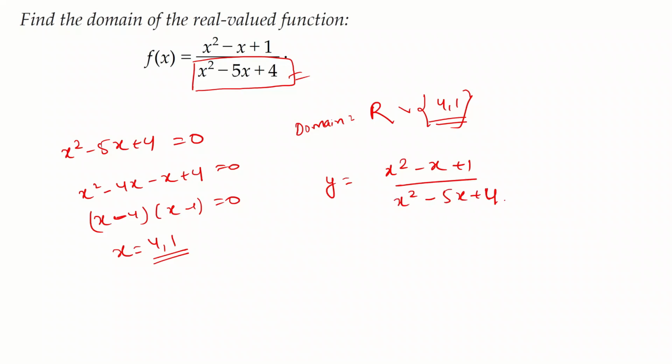So now what we do, we have to make x the subject, right? So first we cross multiply and see what we can do. So y times (x squared minus 5x plus 4) is equal to x squared minus x plus 1. Now we write it down as a quadratic equation in x.